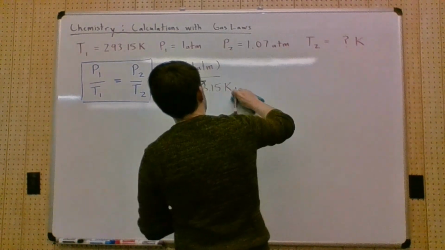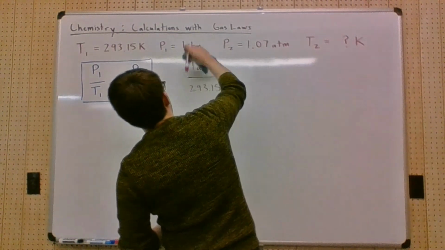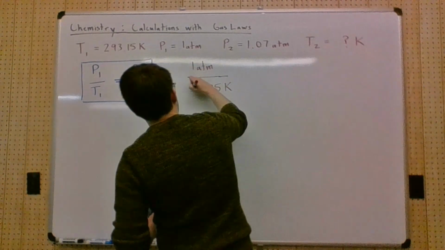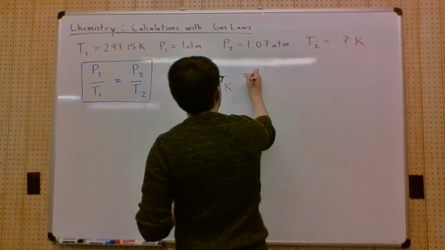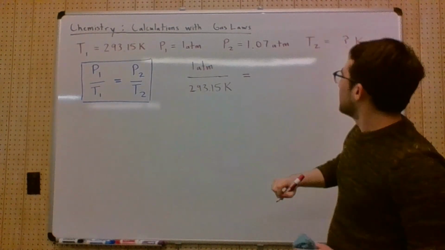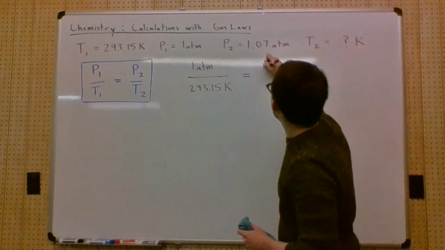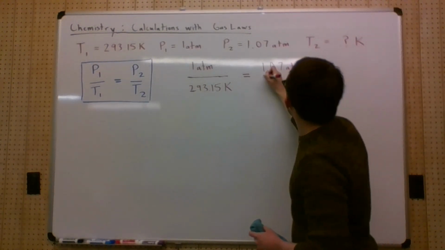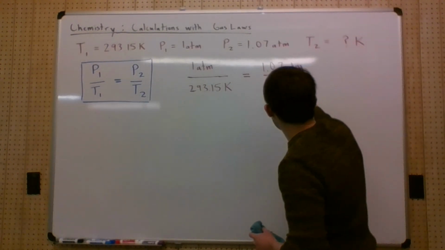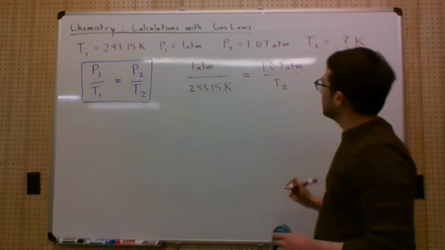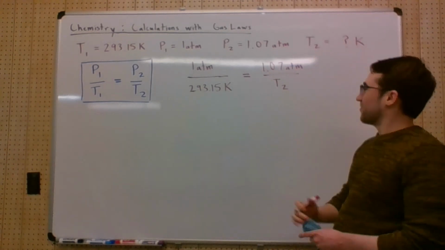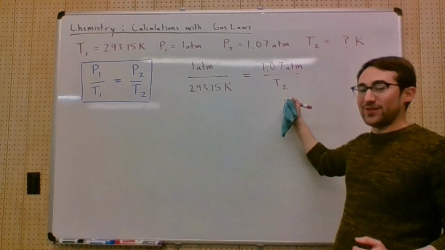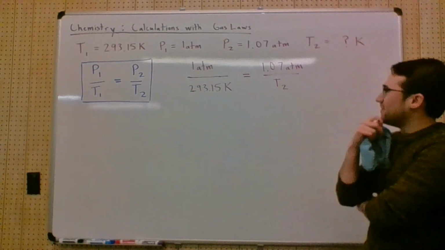So I need the parentheses here. Okay. New pressure over here. Again, you can write T2, you could write an X, whatever, as long as you know you're solving for this missing variable.